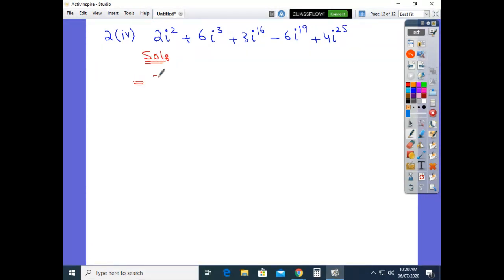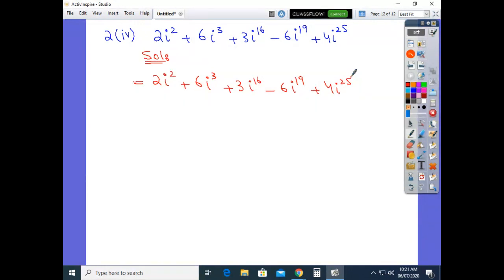First of all, we write here again the question: 2 iota square plus 6 iota cube plus 3 iota raised to power 16, 6 iota raised to power 19, 4 iota raised to power 25.